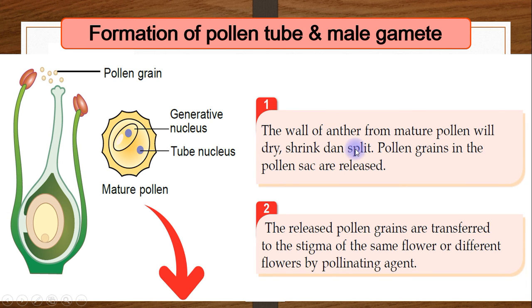Split means pecah. The pollen grains in the pollen sac are released. The released pollen grains are transferred to the stigma of the same flower or different flowers by the pollinating agent. This is before pollination, number 1, and then pollination occurs, number 2.